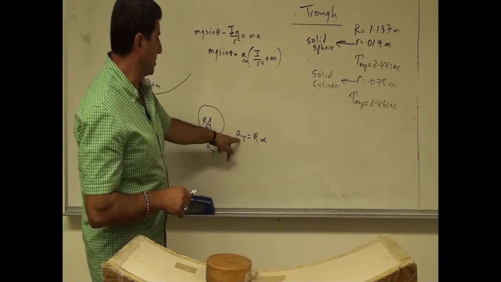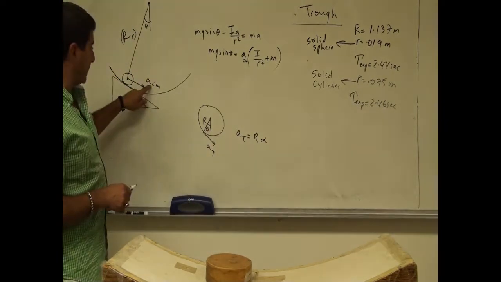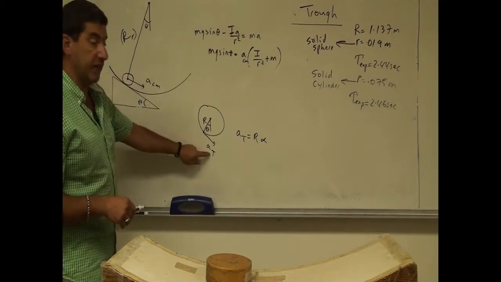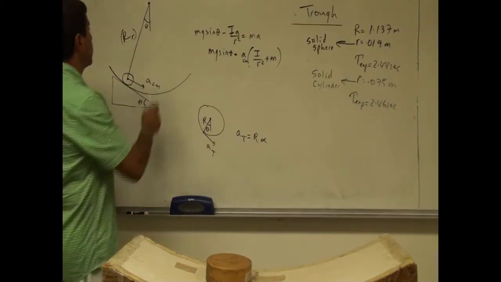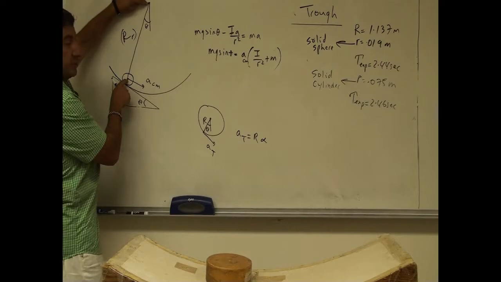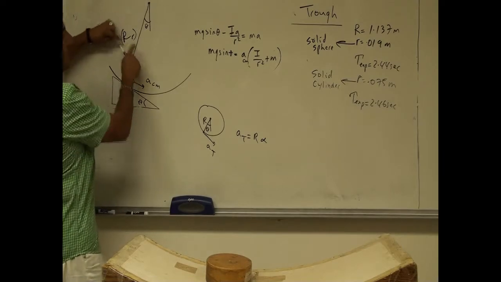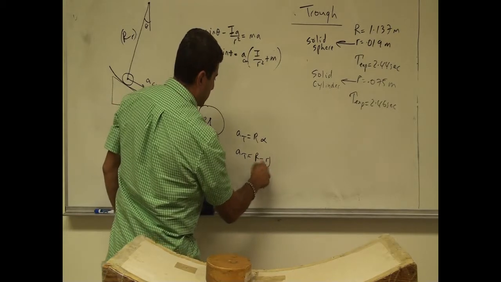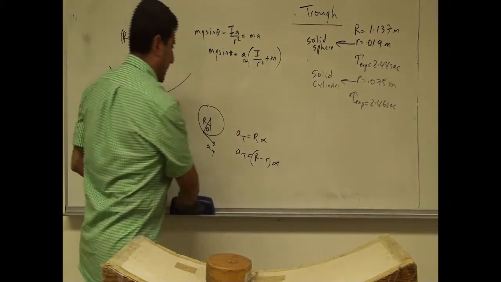A tangential is equal to A_CM, the acceleration of the center of mass of this object, and it behaves like an A tangential. So in our case, the distance from the center to the center of the object is going to be R minus r. So I'm going to say A tangential is (R minus r) multiplied by alpha.